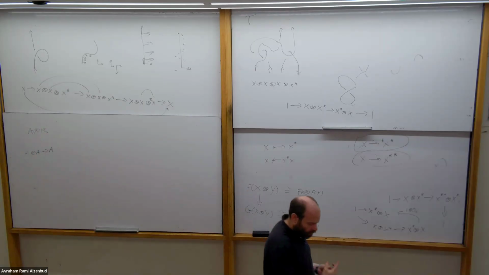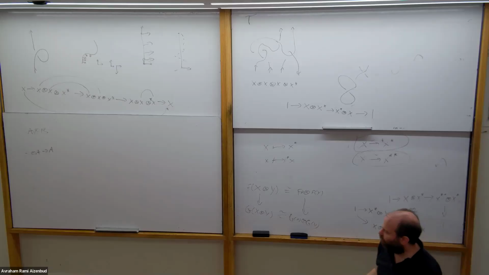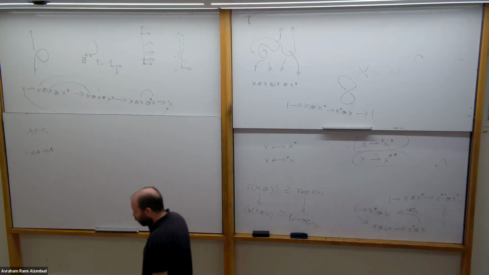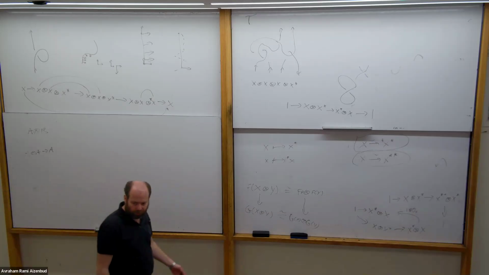And this is a very well-known object. Up to taking the opposite category another time, it is an algebraic group. Why? Because you remember that a commutative algebra is the same as an affine algebraic variety, up to the opposite category. So a group object in affine algebraic varieties is an algebraic group.